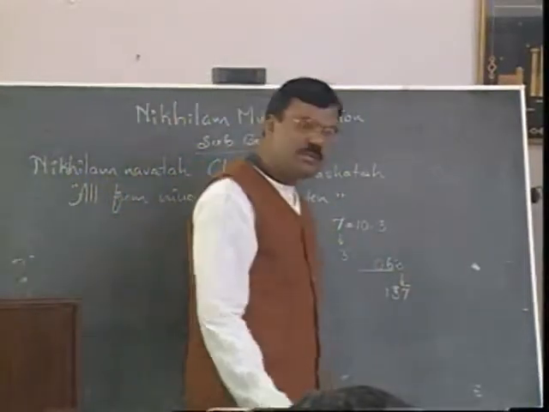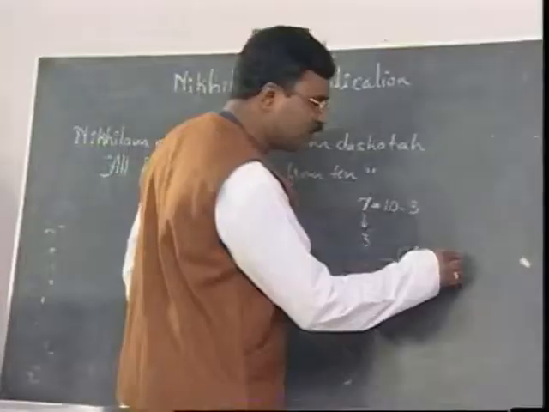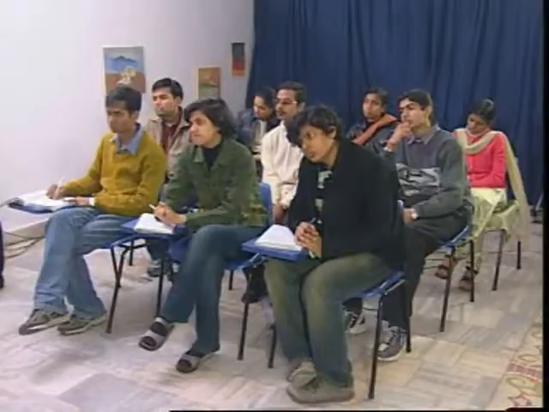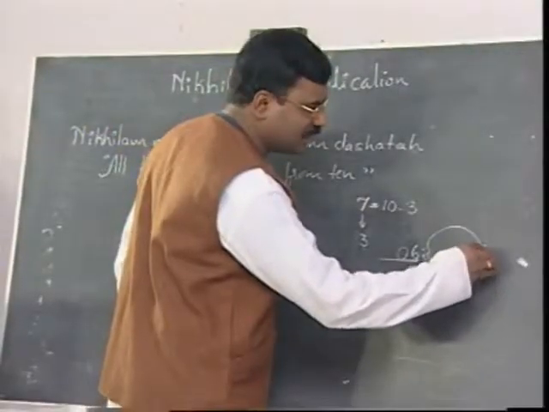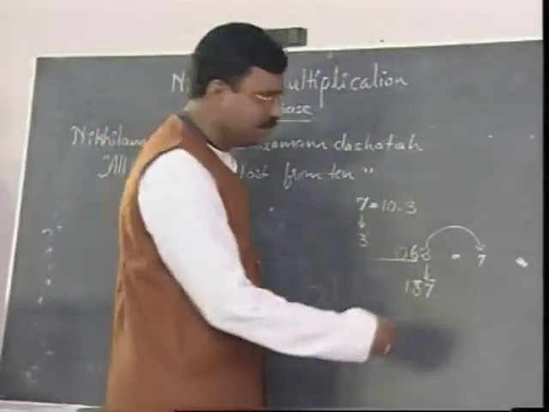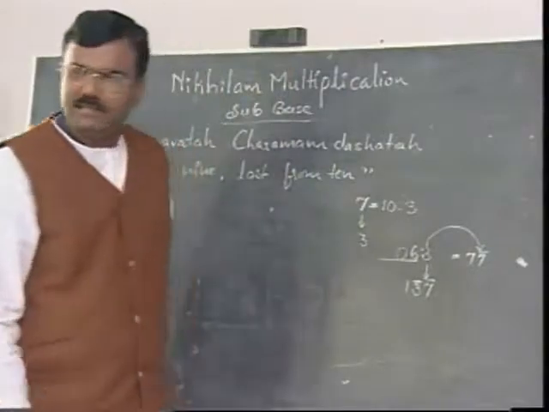You may extend only to 2 digits also, but even then you may find it difficult. 7 from 10 you will get 3, and the Ekadhika of 6 is 7. That means subtracting 70 from 100.